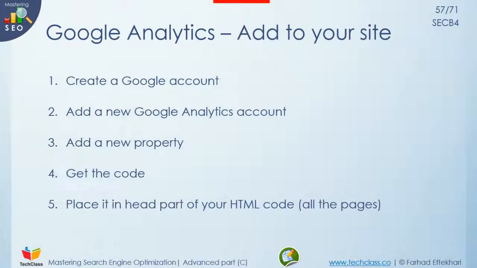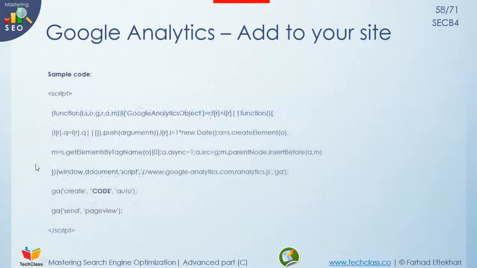So to add Google Analytics to your website and web pages, you need to create a Google account, and then add a new Google Analytics account and add a new property and get the code, and then place it in the head part of your HTML code, because as I told you before, the head part is the first part that's being loaded, and then the body part will be loaded. So that's the place that you have to put it.